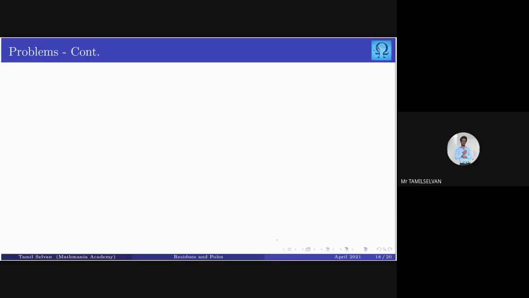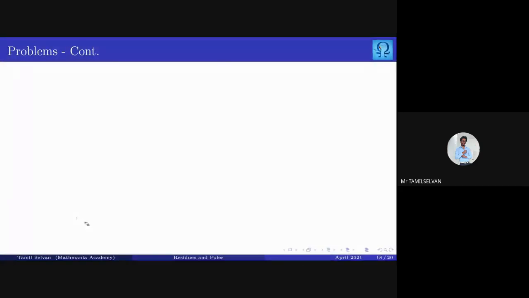Okay, now let us move to the next problem. That is z squared exponential of 1 upon z. What is the point of singularity here?